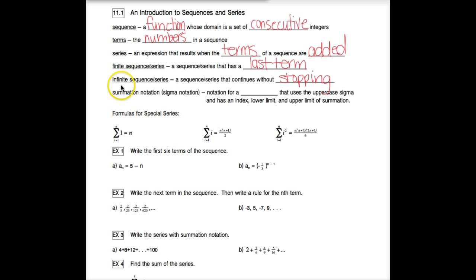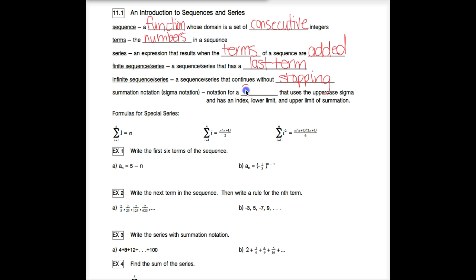Our last definition is summation notation, which is also called sigma notation because we use the Greek letter sigma for it. And this you've seen twice before throughout the year. When we did the binomial expansion, we used sigma notation, and then we also used it when we were doing the sum of the squared differences in our stats unit.